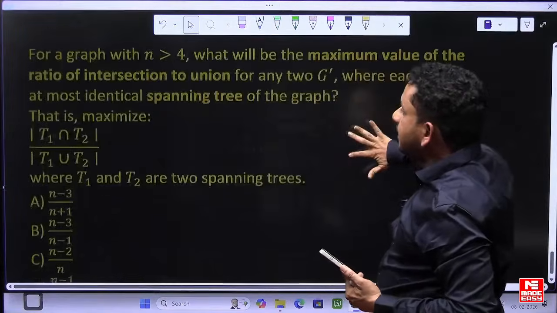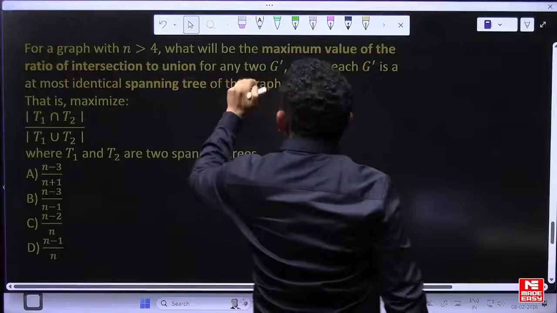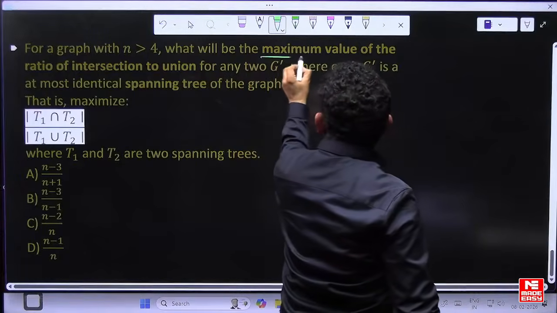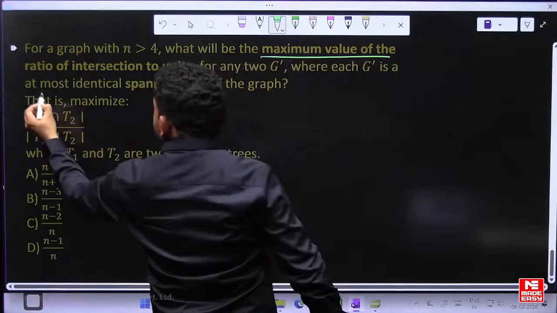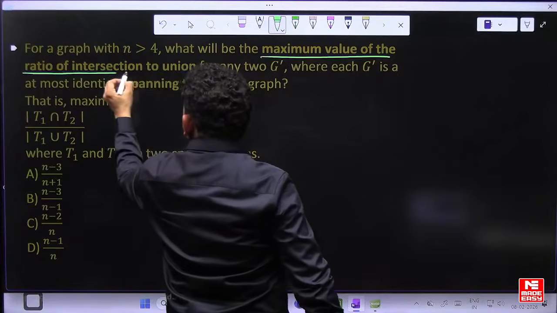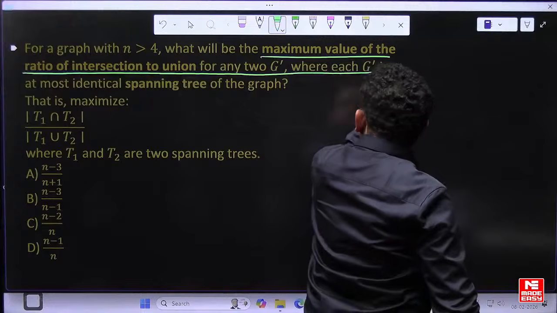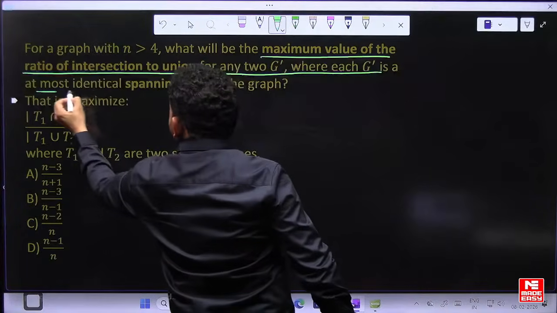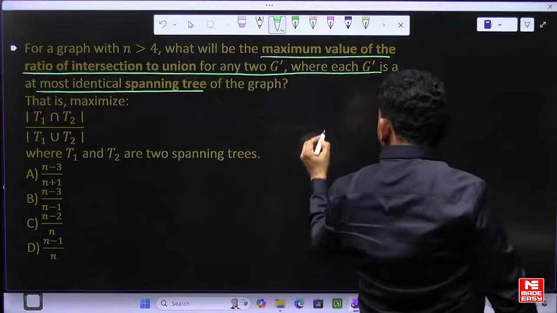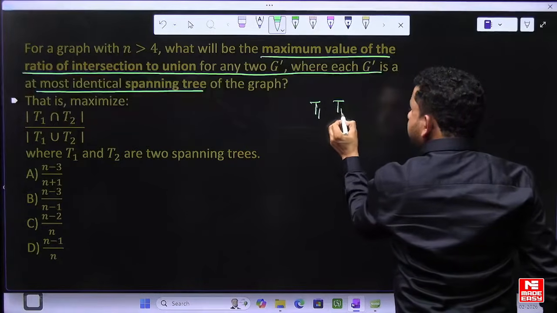Next, for a graph, what is the maximum value of the ratio of intersection to union of any two spanning trees, the most identical spanning trees? That means T1 is one spanning tree and T2 is the other spanning tree.